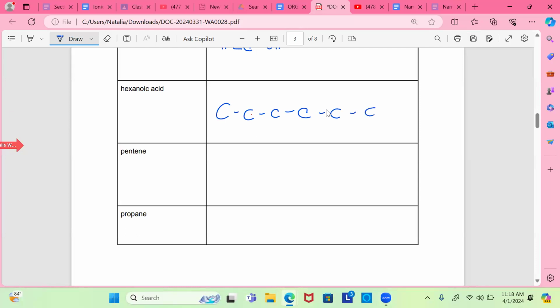And then I put in the functional group. Make sure each carbon is bonded 4 times.